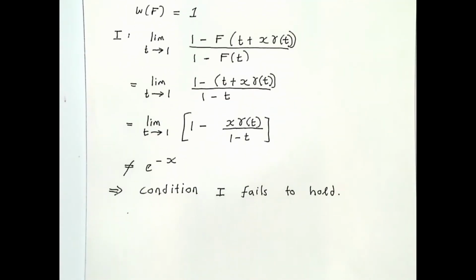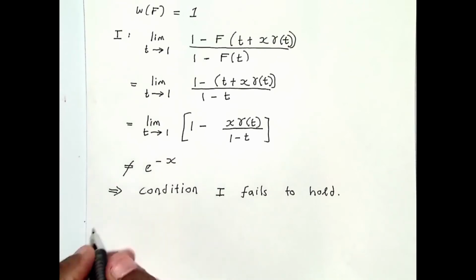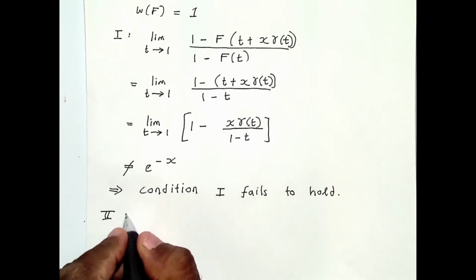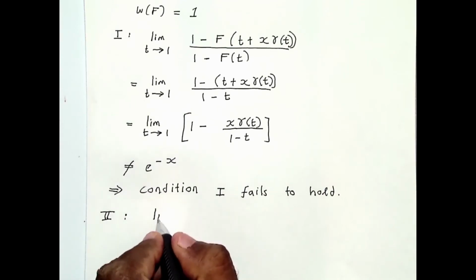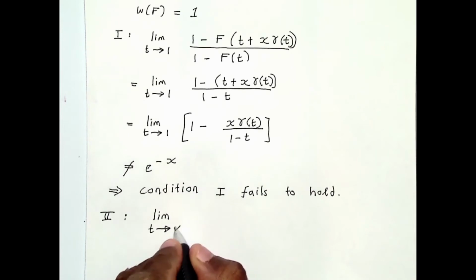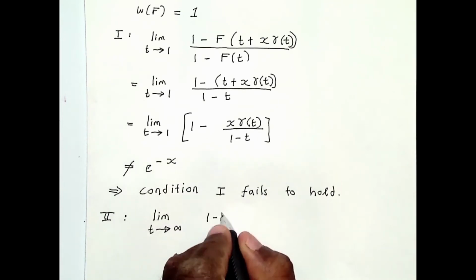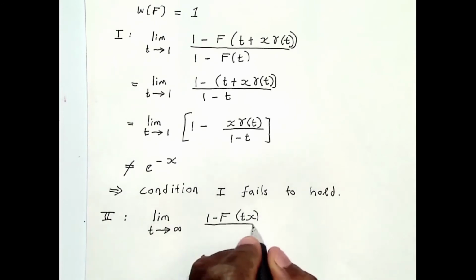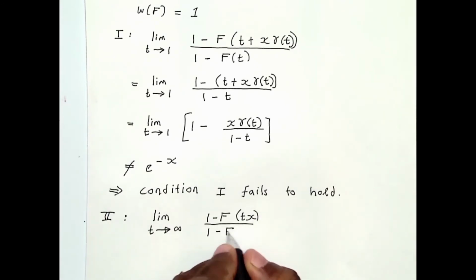Okay. All right. Now let's check condition 2. Condition 2 says you need to find the limit as t approaches infinity of this, right?